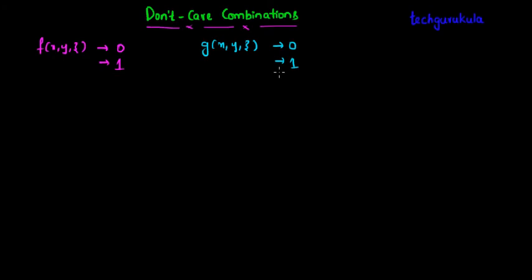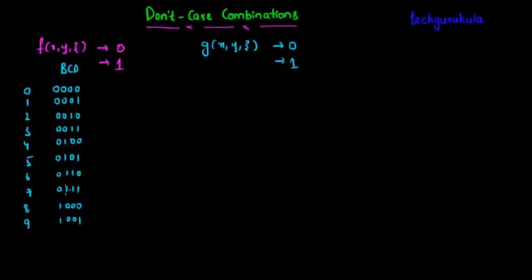Now to start with, we will take a BCD to XS3 converter as an example. We have decimal numbers represented from 0 to 9, and their corresponding BCD numbers look like 0000 for 0, and similarly till 9. This is called BCD because the decimal numbers are coded into binary, which we call binary coded decimal.